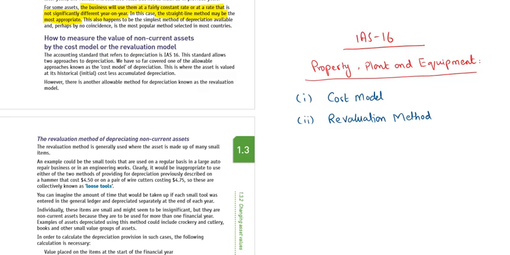What is the cost model method? In the cost model method, we will use the historical cost. It means we will record the asset at cost.